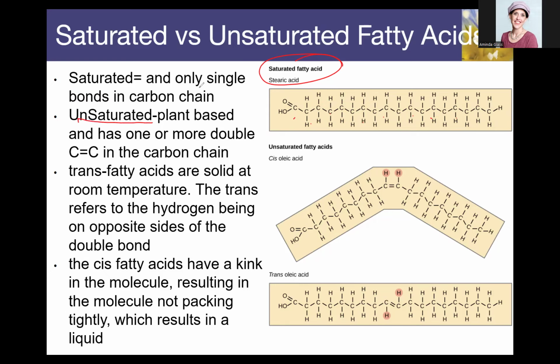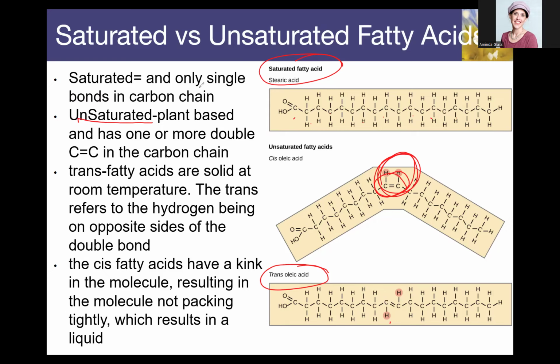Unsaturated fatty acids are plant-based, and they have one or more carbon double bonds in the carbon chain. Trans fatty acids are solid at room temperature. The trans refers to the hydrogens being on opposite sides of the double bond. So here you have a trans fatty acid. This is a cis fatty acid because those hydrogens are on the same side.